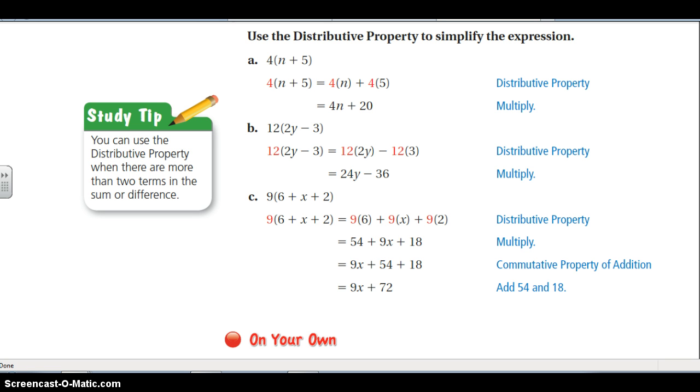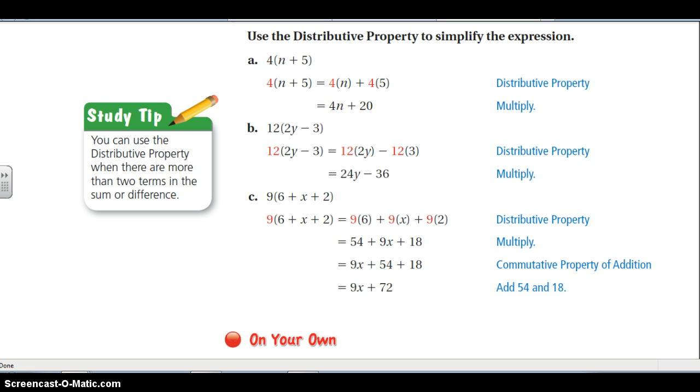Okay, now we're going to look at the distributive property to simplify the expression. You're not given an answer. You're using algebraic letters or variables to write the problem. We don't know the value of the variable, so all you can do is simplify the expression. So A, I'd like you to write this down. 4 times n plus 5.